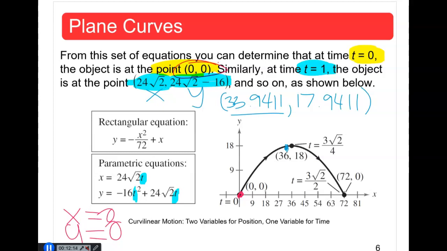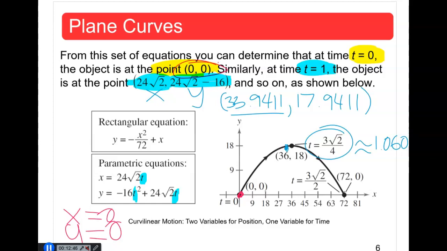And so the vertex is actually occurring at this particular time, which is 3 times the square root of 2 divided by 4, and that is approximately 1.06, and then a couple more sixes there.